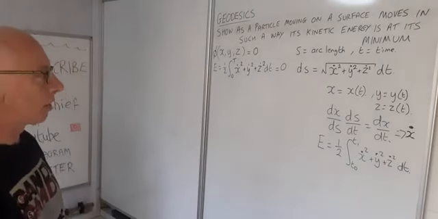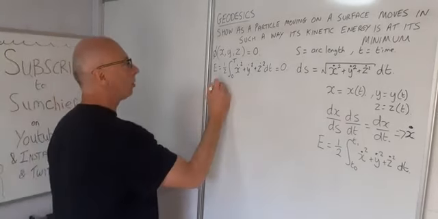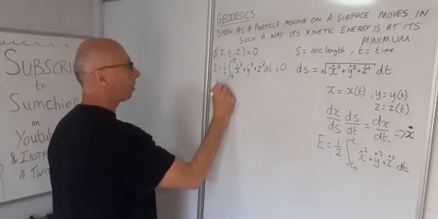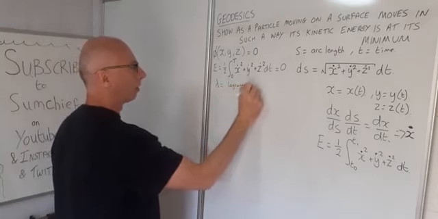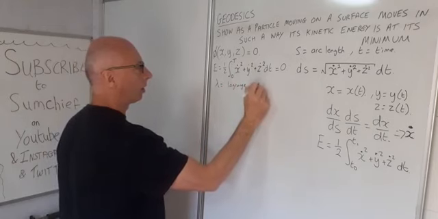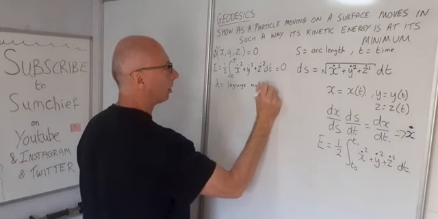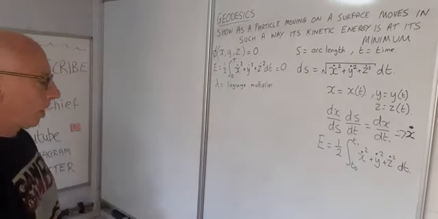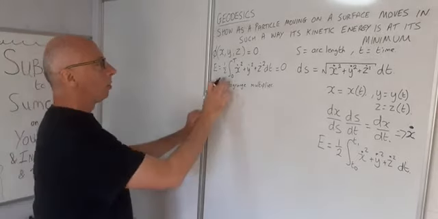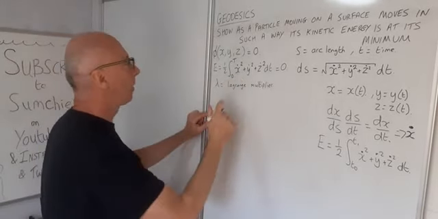Okay, so now what do we do now? So now we need something using a Lagrange multiplier. So we'll use lambda as our Lagrange multiplier. So what we've got to try and do is set this as f.